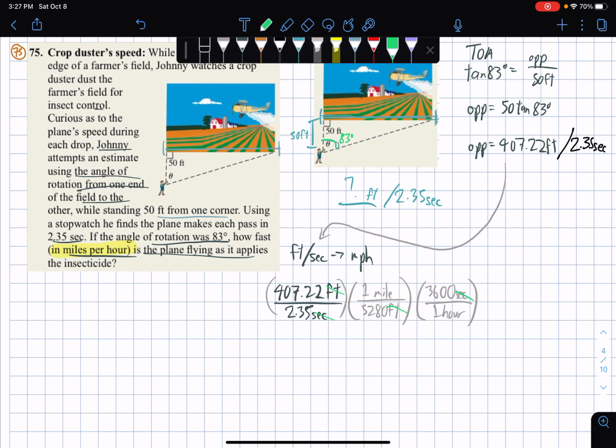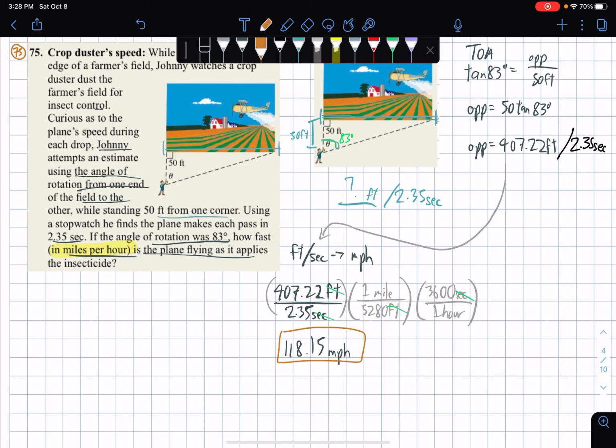So 407.22 divided by 2.35 seconds times 1 mile over 5280, 3,600 over 1. So we get 118.15 miles per hour.